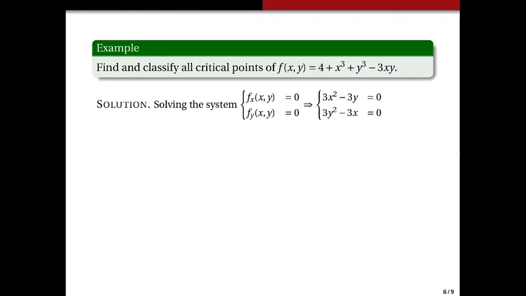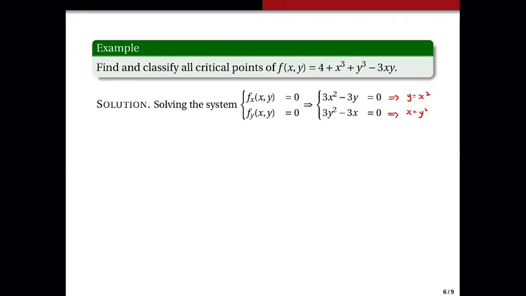So here, you will have y equals x squared. And then for this second part, you will get x equals y squared. And then you can now either substitute y equals x squared into this or x equals y squared into this, and then you'll be able to solve the system. Okay?